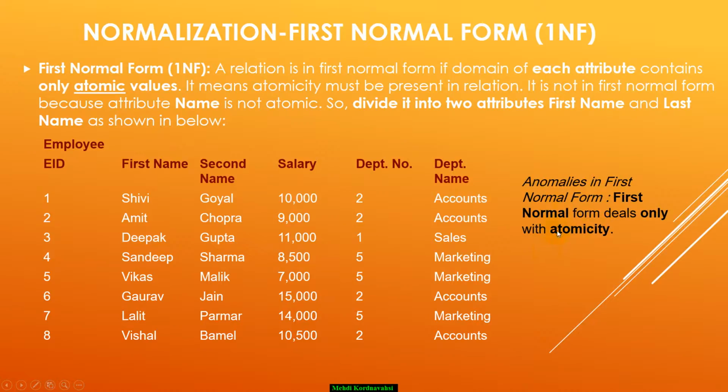First normal form deals only with atomicity. So this relation or this table is in 1NF.